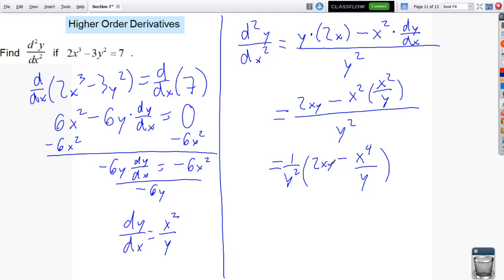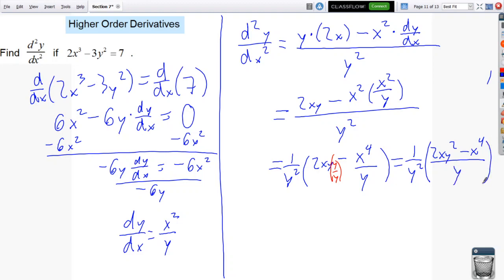Again, I see that I'm trying to subtract fractions where I don't have common denominators. So if I wanted to clean that up, I would have to multiply this by y over y. So something that I could have would be 1 over y squared times the quantity of 2xy times y, which gives me 2xy squared, minus x to the 4th, all over y.